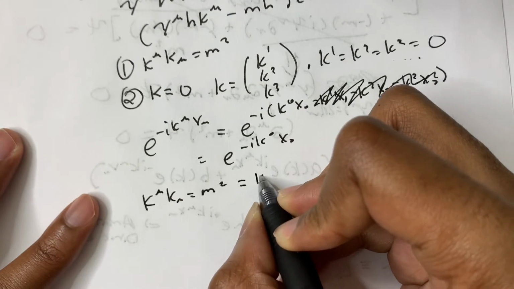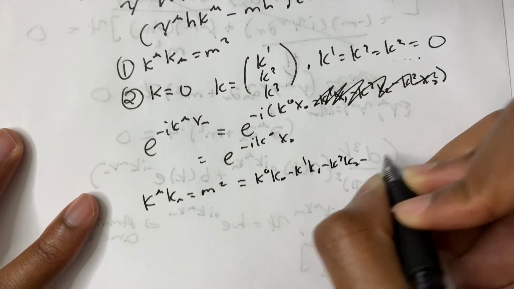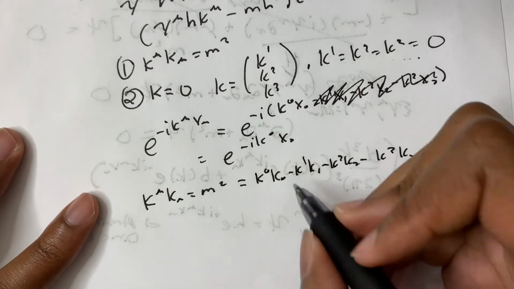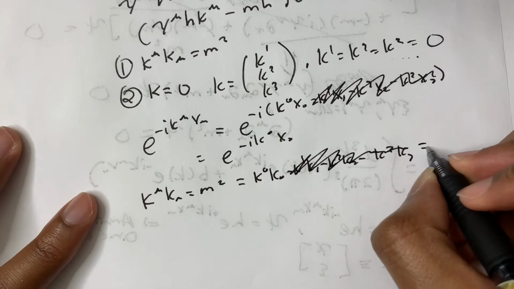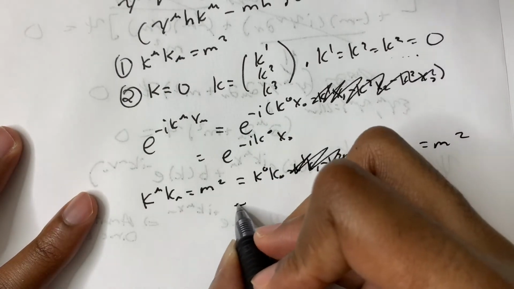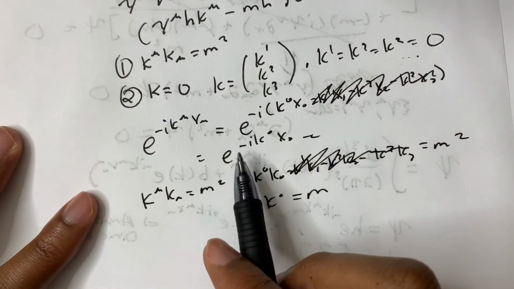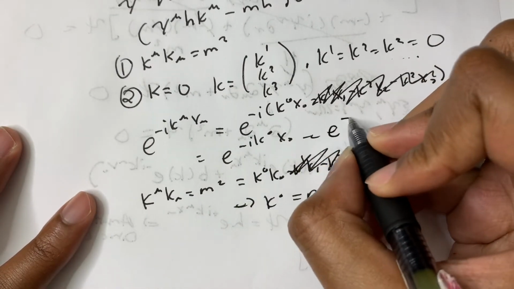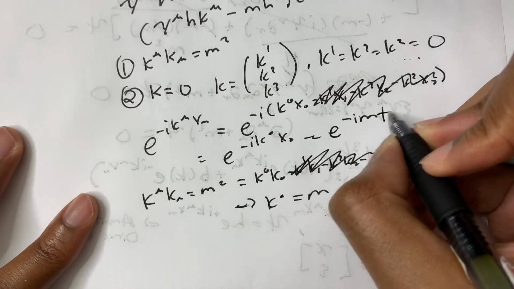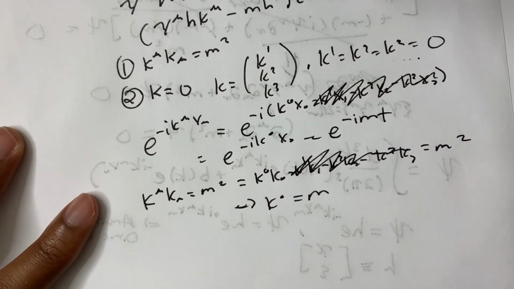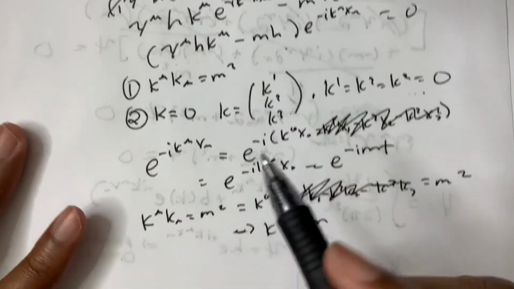But that's just k naught squared minus k1 squared minus k2 squared minus k3 squared. But these are all 0 since we are working in the rest frame. So this equals m squared, so this implies that k naught equals m. So this simplifies even more to e to the minus i m x naught, and x naught is of course defined as t, time.